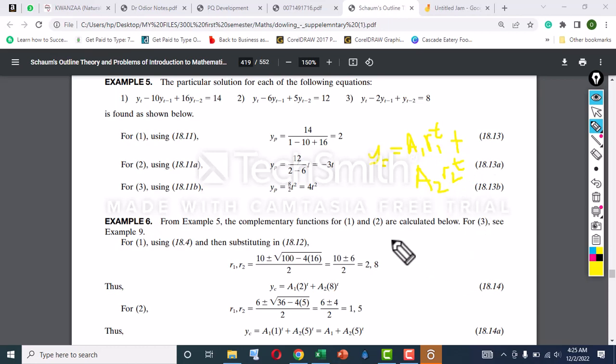The quadratic formula, which is minus b plus or minus the square root of b1 squared minus 4b2, over 2. So please try as much as possible to solve a lot of questions.